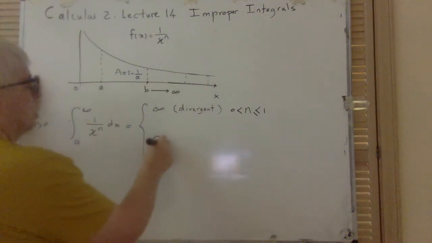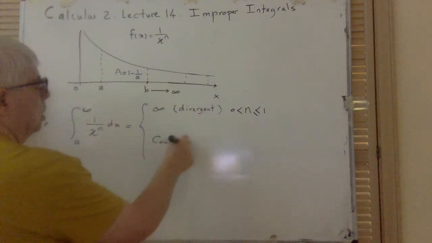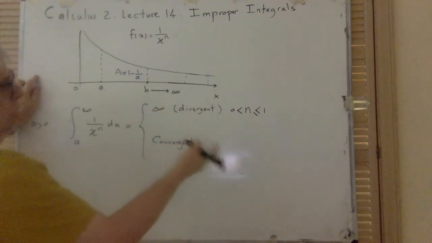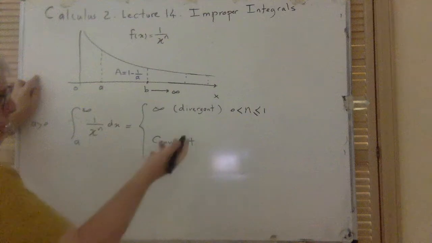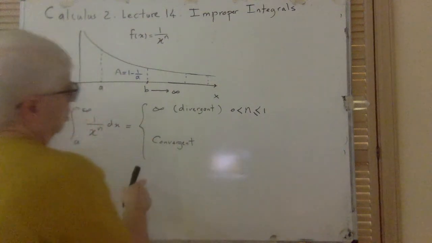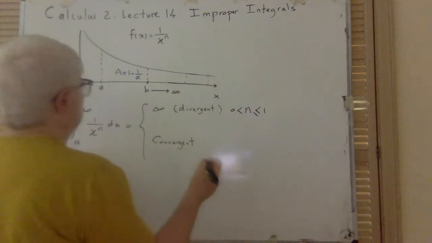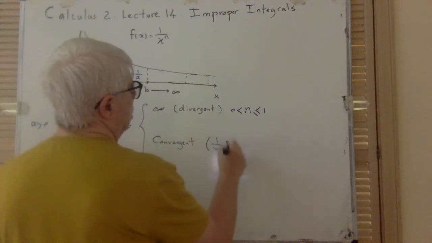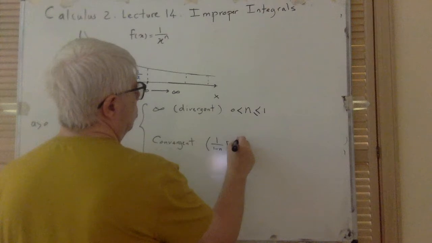And it's convergent. I wrote down something. In fact, you can write that as, I can't remember, was it 1 over 1 minus n times minus a to power 1 minus n?